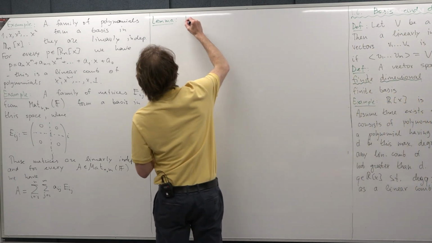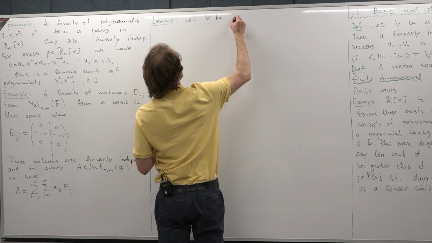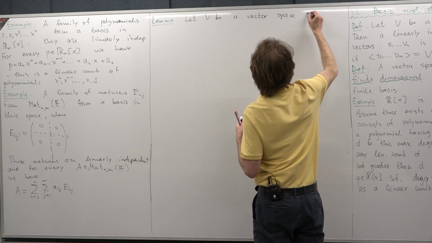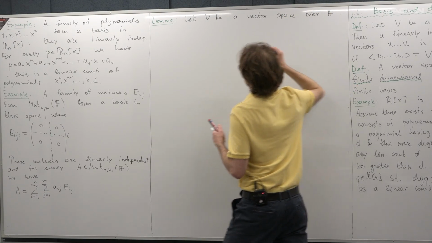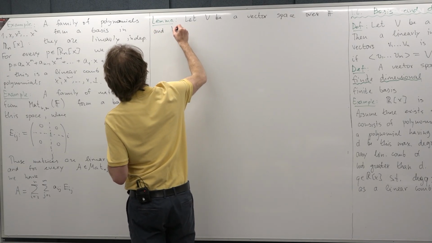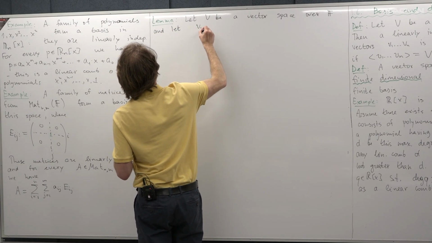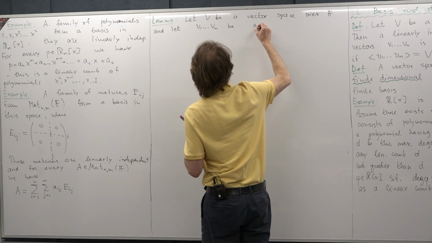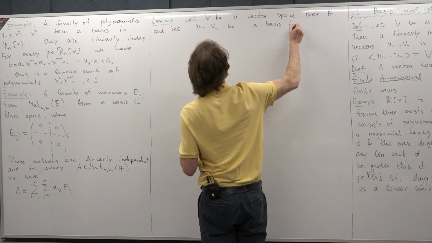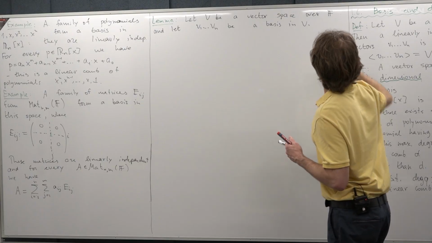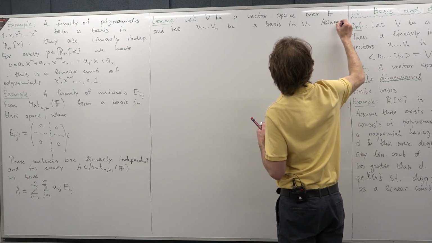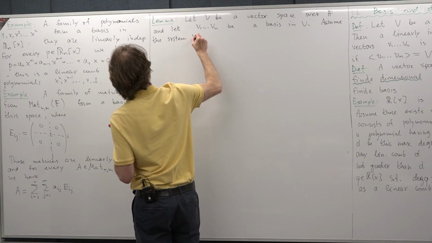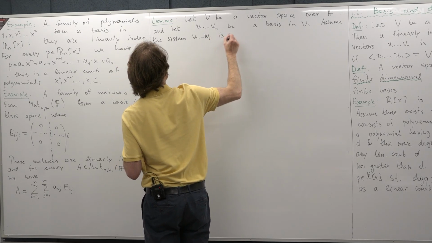So let V be a vector space over F, and let V1, etc., Vn be a basis in V. Assume the system W1, etc., Ws is linearly independent.